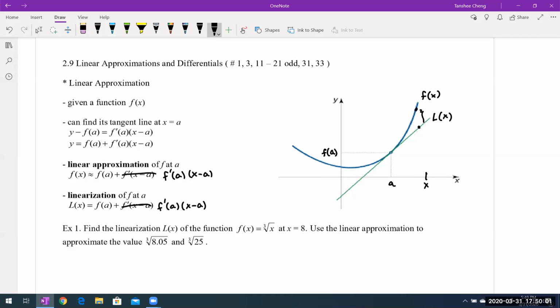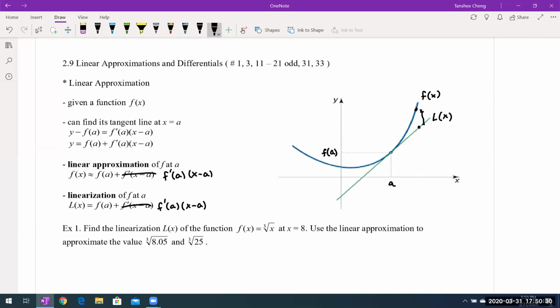The gap is big, so the approximation will have more error. But when x is very close to a, the function value and the value on the tangent line are very close together, so your approximation will be very close. That's basically what this is talking about. Okay.